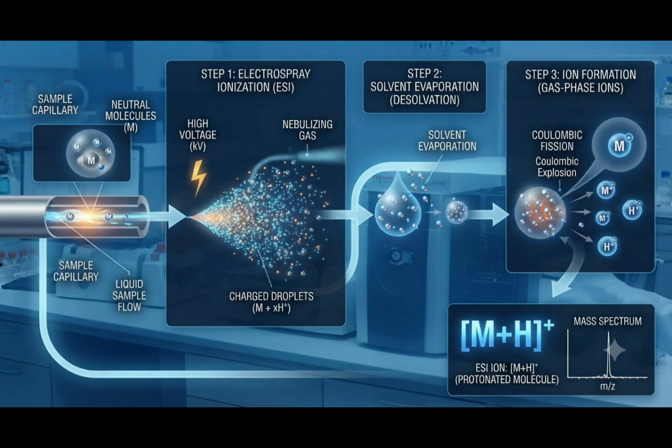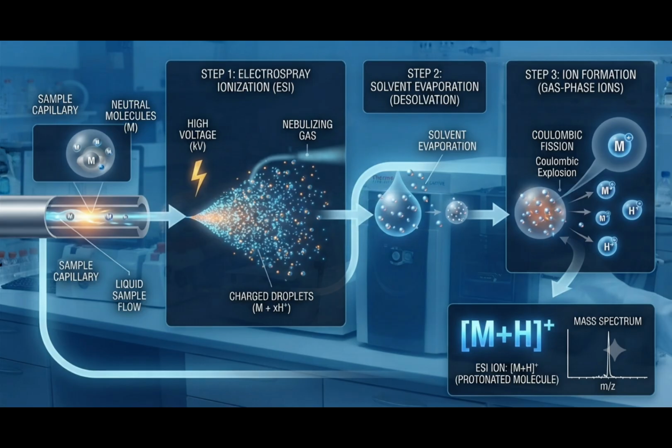Electrospray ionization. Electrospray ionization or ESI is widely used in LC-MS. In ESI, the liquid sample passes through a capillary to which a high voltage is applied. This produces a spray of highly charged droplets. As the solvent evaporates, the droplets become smaller and eventually produce gas phase ions.